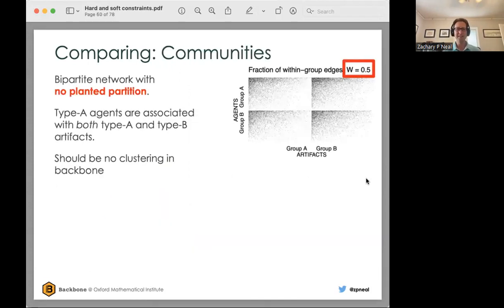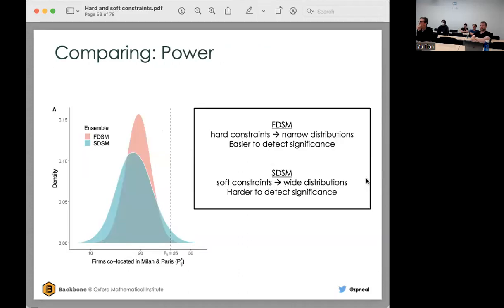Okay. I have a question here about the distribution. It seems to me that they have different means of these two distributions, like the expected value. Is it expected or is it just this case? Yeah, that's a good question. So the shape of the hard constraint distribution really depends on how many resamples we've taken.